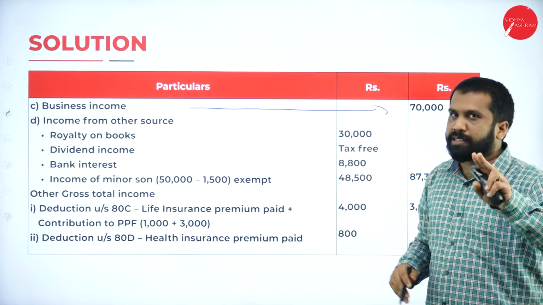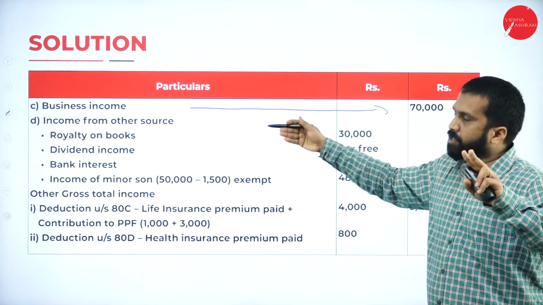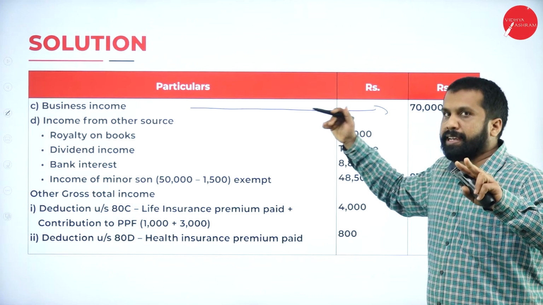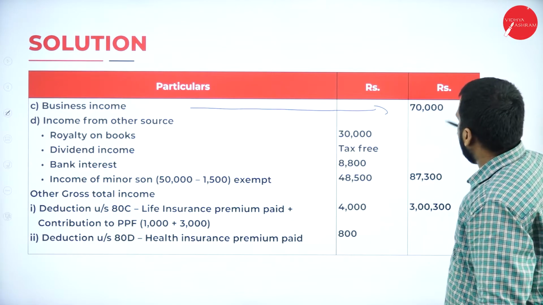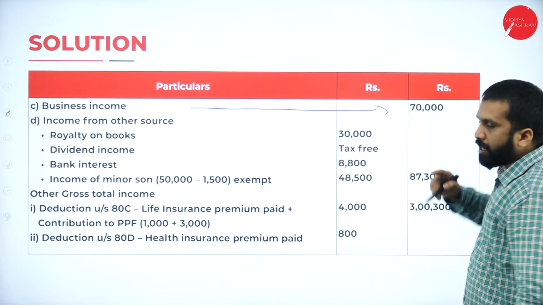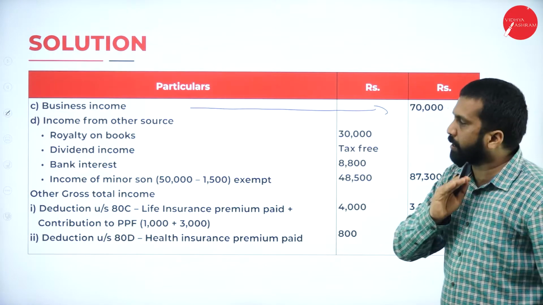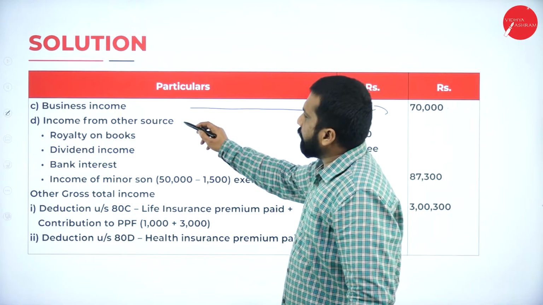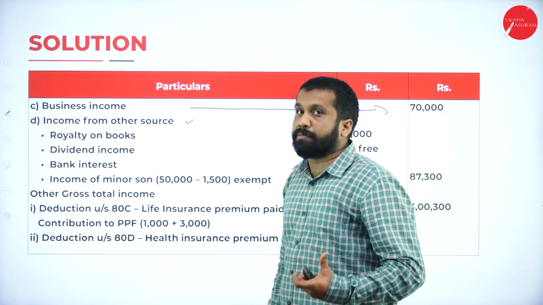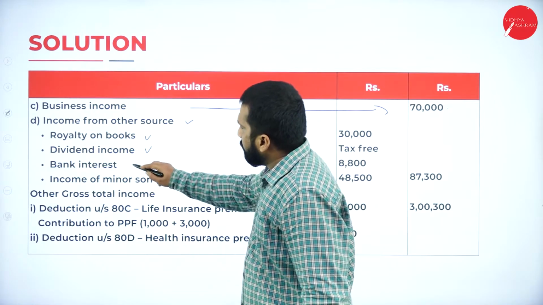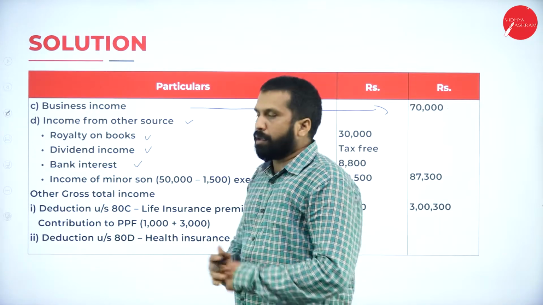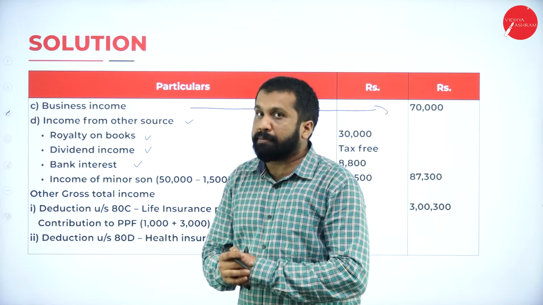Don't write it twice. I have written it again because I need to carry it to the next slide. In your answer, it should be once. Clear? Remember, you have to take it once. Don't take it twice. Now, after that, income from other source. What are the incomes you got? Royalty, dividend, bank interest. Royalty, it is 80 RRB.